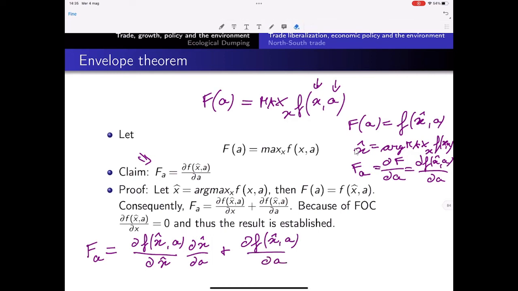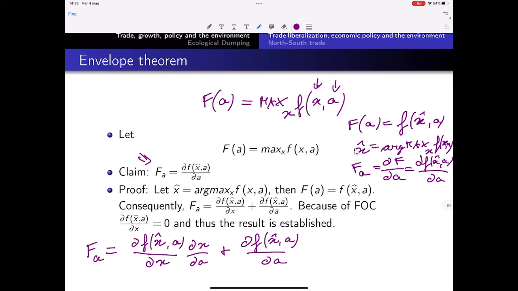Really, I should not have hats here, because the derivative is with respect to x. This is how a affects f directly. So I have the direct effect and the indirect effect.